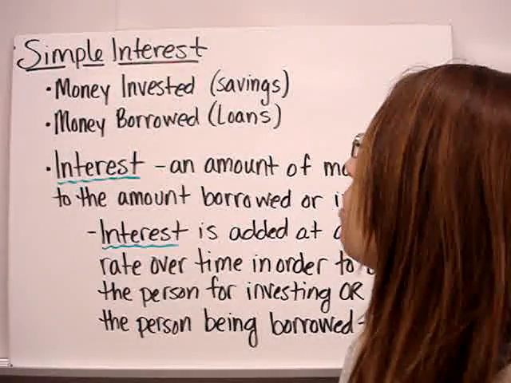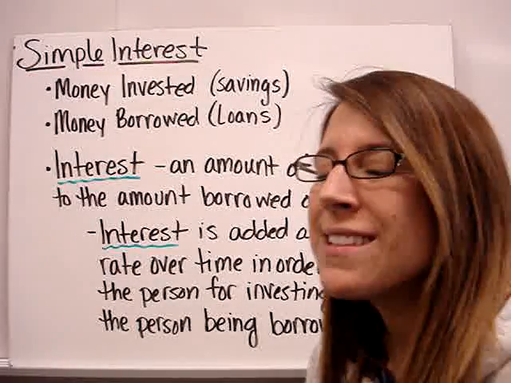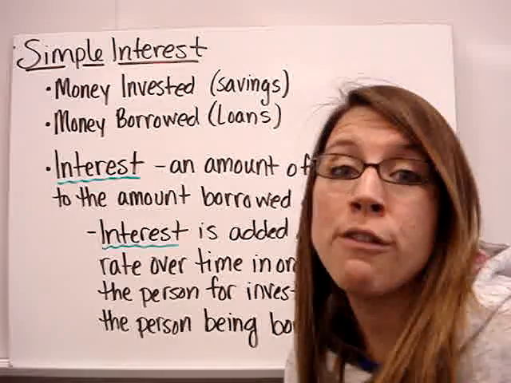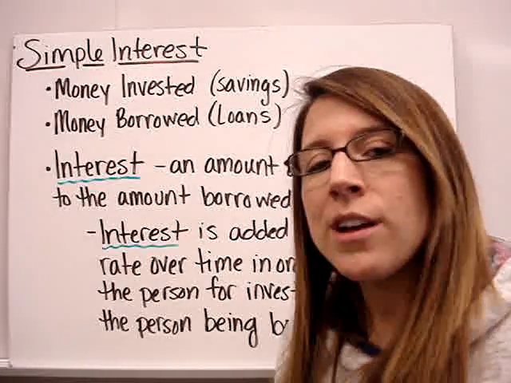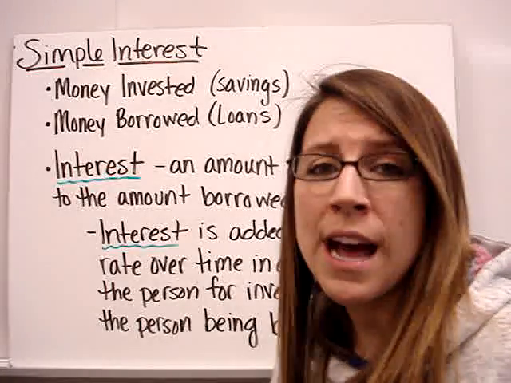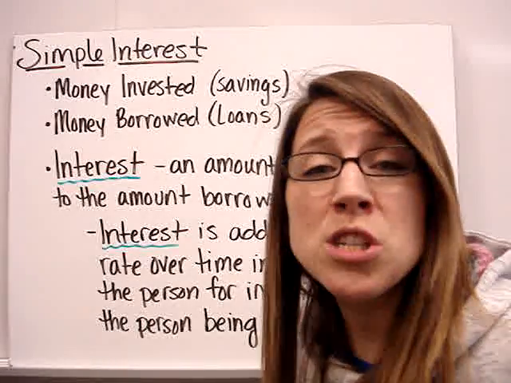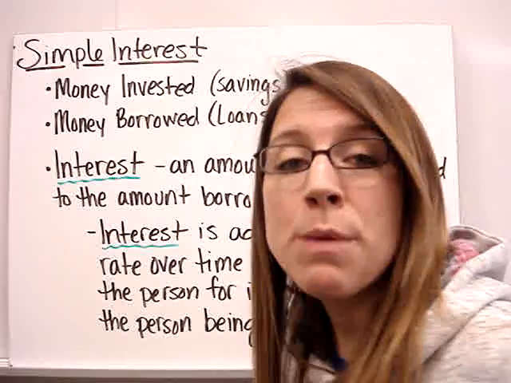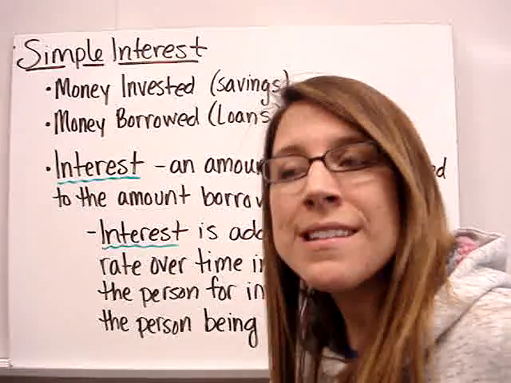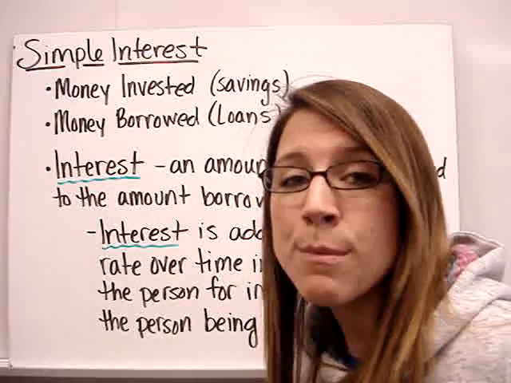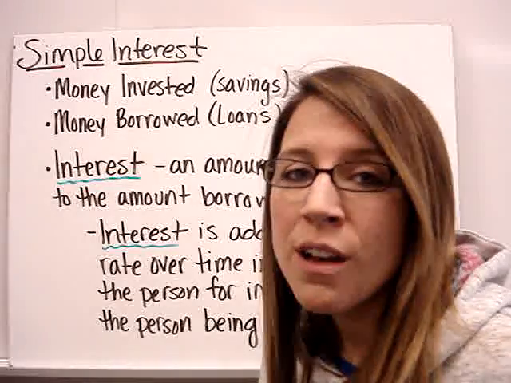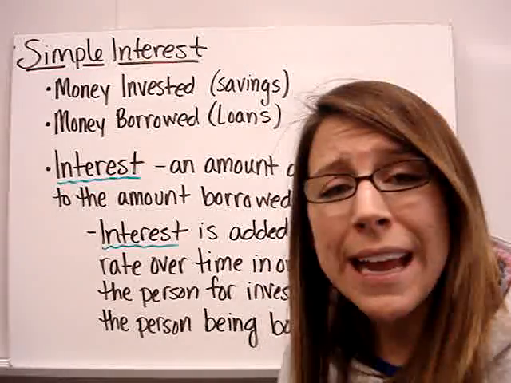And the same is true for money borrowed, for example when you purchase a car. When I bought my car, it was about $16,000, but I'm not going to just pay $16,000 because I was loaned money by a bank to purchase the car. And so because I'm making payments over time, I have to pay the bank for letting me borrow that money.